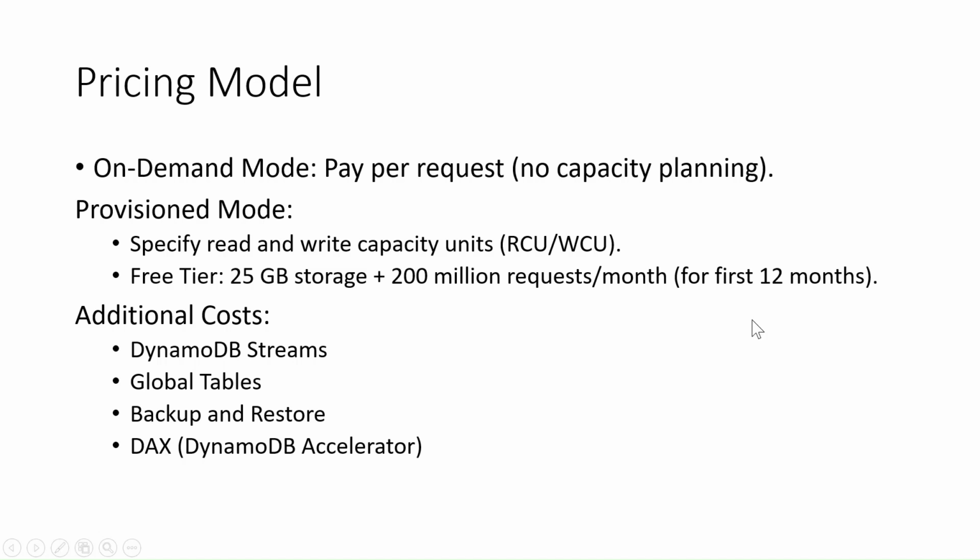After 12 months, you need to pay for each request, and they will apply additional costs for things like DynamoDB Streams, global tables, backup and restore, and DynamoDB Accelerator. They will apply additional charges for all these services.